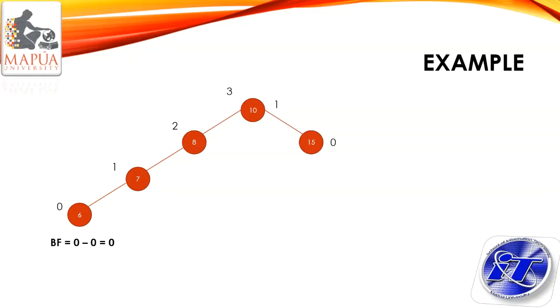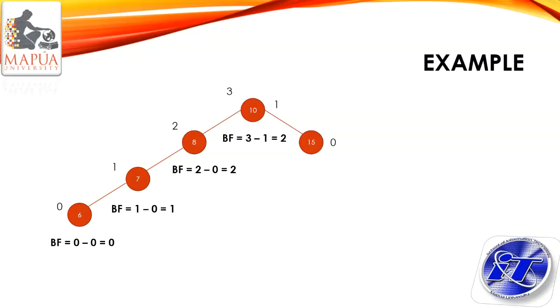For node 7, left is 1, right is 0, so 1 minus 0 is 1. How about node 8? We have 2 on the left, but none on the right. So 2 minus 0 is 2. How about node 10?